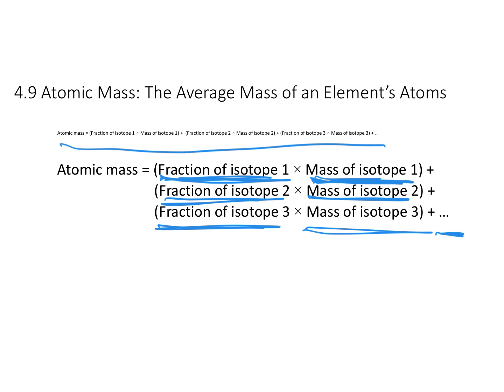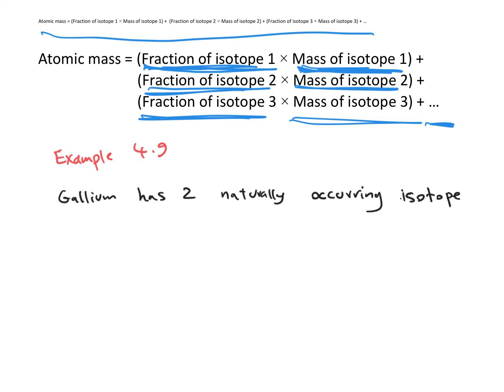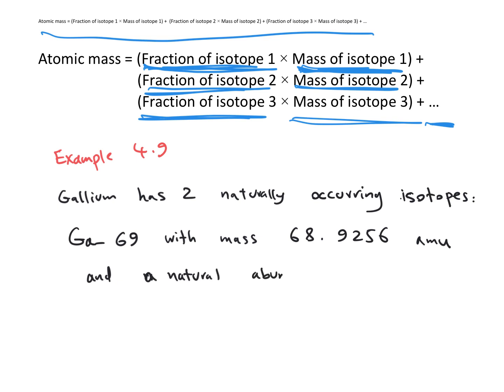I'm going to write an example from your book, which is example 4.9. Gallium has two naturally occurring isotopes. One of them is gallium-69 with mass of 68.9256 atomic mass unit with the natural abundance of 60.11%.